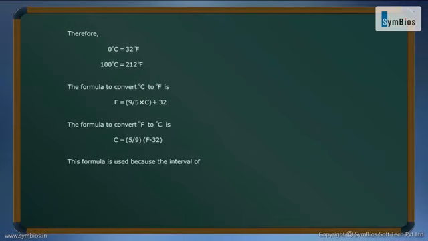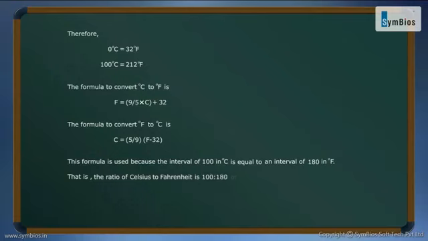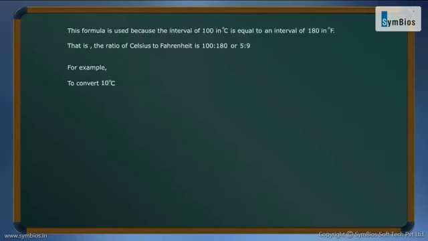This formula is used because the interval of 100 in degrees Celsius is equal to an interval of 180 in Fahrenheit degrees. That is, the ratio of C to F is 100 is to 180, or 5 is to 9.